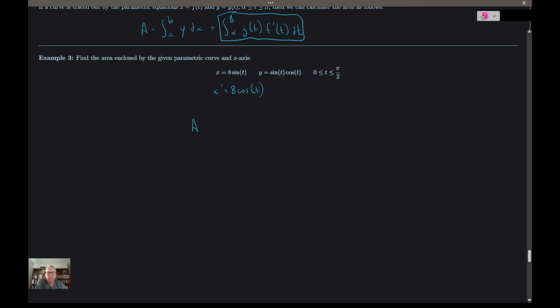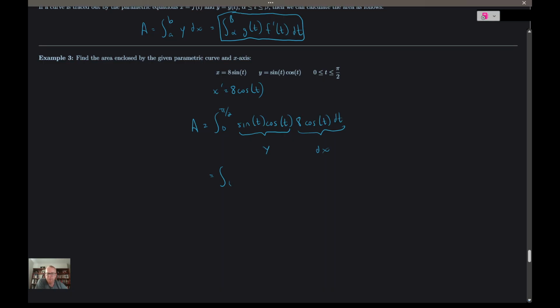And so our area will go from 0 to pi over 2. y is sine t cosine t. And then f prime of t dt would be 8 cosine t dt.